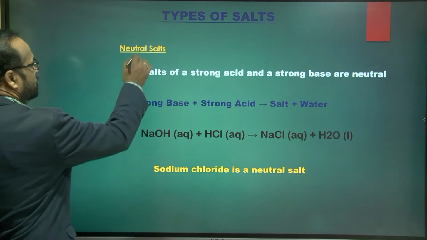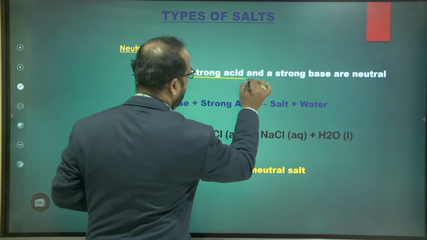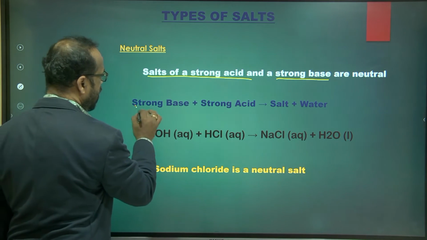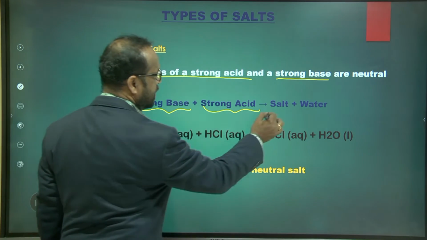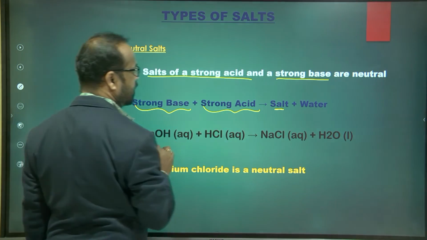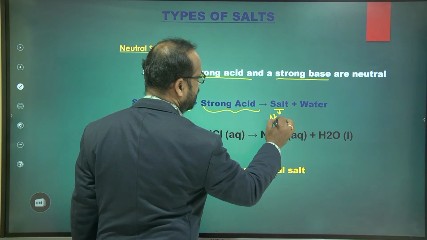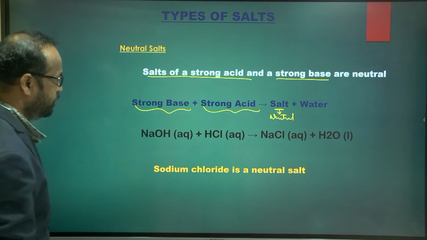Yes, sir. So neutral salt means what? Salts of strong acid and strong base are neutral. When a strong acid reacts with a strong base, we form a salt that is neutral. Neutral means what? Neither acidic nor basic.